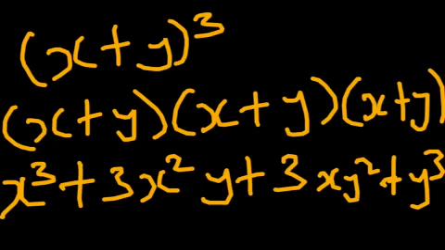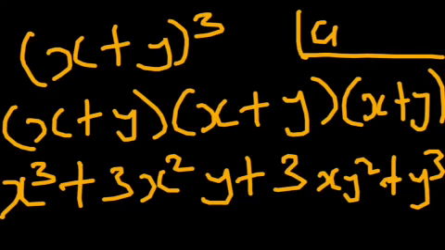Again, comparing this to the binomial theorem, I'm going to put our binomial a x to the b y to the c at the top so we can always compare it. Here a is 1, while the exponent is 3.